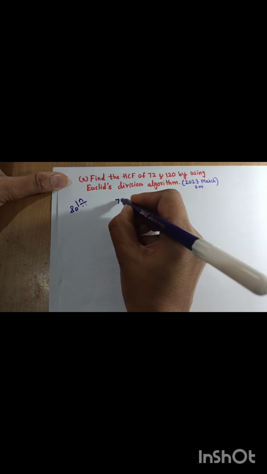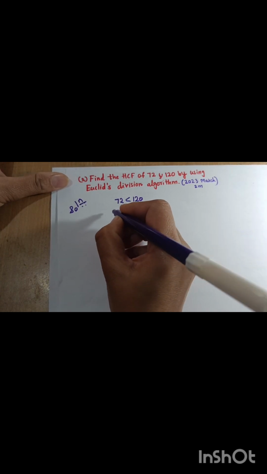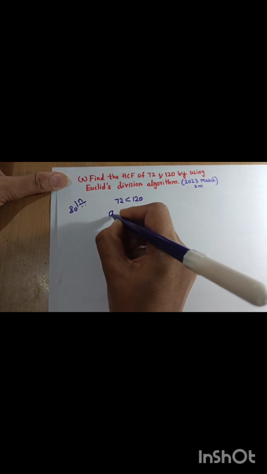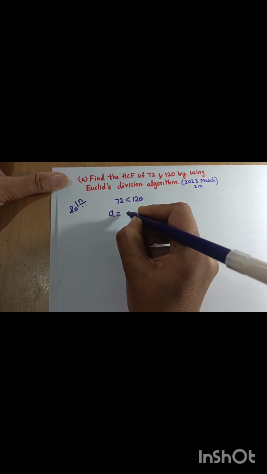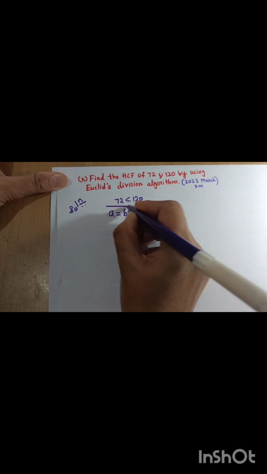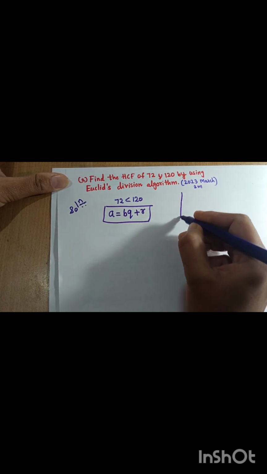Here also 72 is smaller than 120. So therefore, using the same Euclid's division algorithm, that lemma theorem only we use: a is equal to b into q plus r. This is Euclid's division theorem.